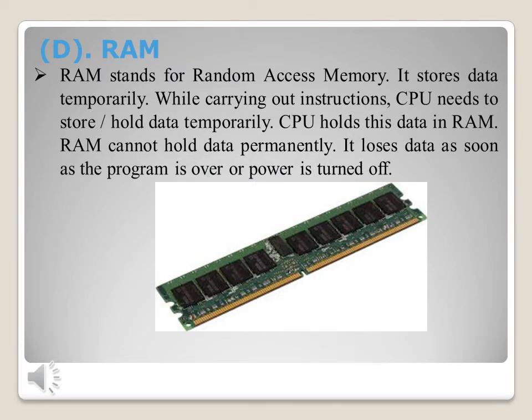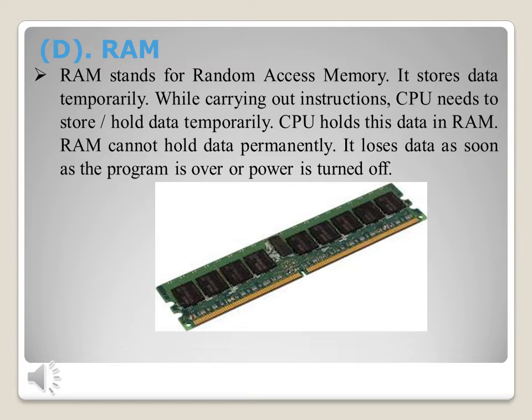Next is RAM, which stands for Random Access Memory. It stores data temporarily. RAM is used for temporary storage. Now the question is, as we have permanent storage devices, why would we require a temporary storage device?